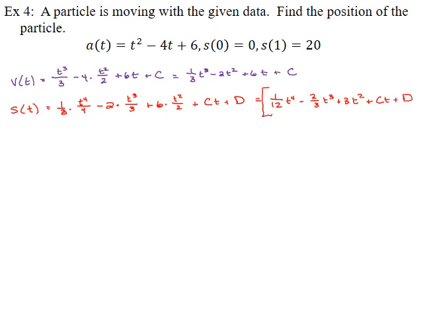Now, while this will end up being your answer in the end, you've got to figure out what c and d are in order to give me a complete answer.